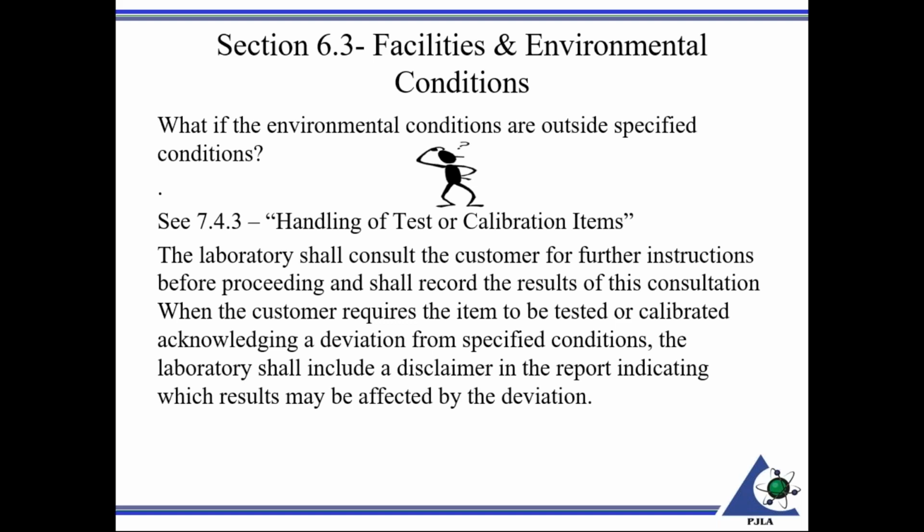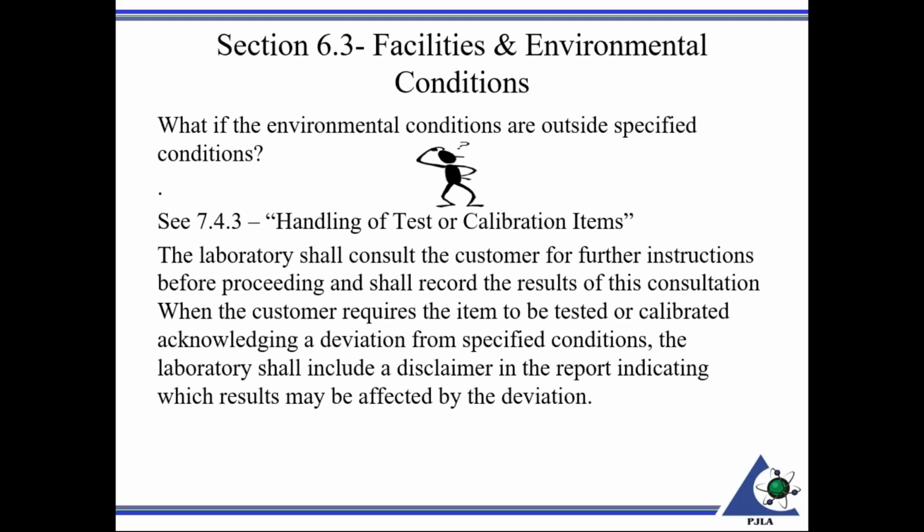The laboratory shall consult the customer for further instructions before proceeding, and shall record, i.e. make a record, of the results of this consultation. When the customer requires the item to be tested or calibrated, acknowledging a deviation from specified condition, the laboratory shall include a disclaimer on the report indicating which results may be affected by the deviation.